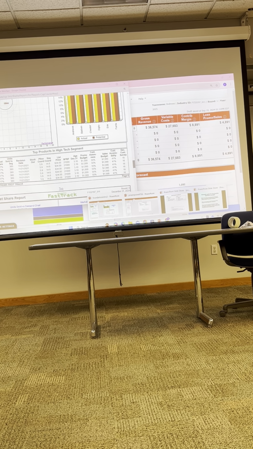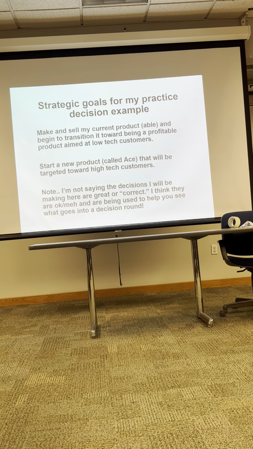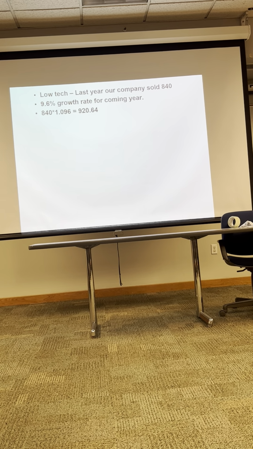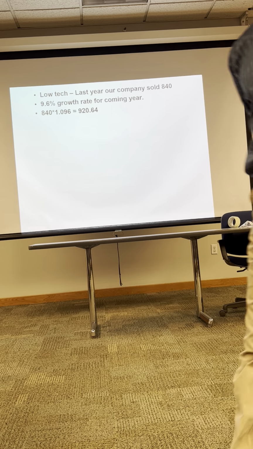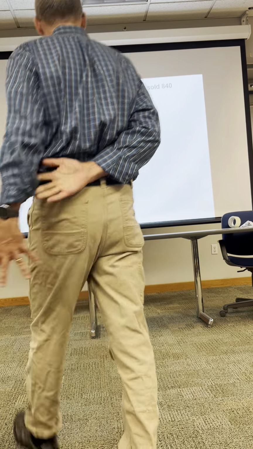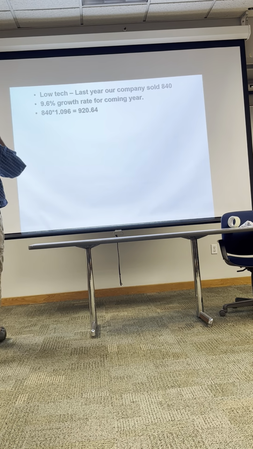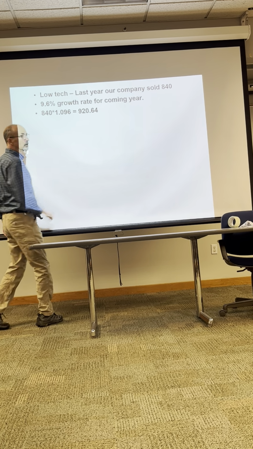So what I'm going to do, low tech, sold 840, 9.6% growth rate. If we just get the industry growth rate, that 840 should turn into about 920. So 840 times 1 plus that 9.6% will give me the growth rate.